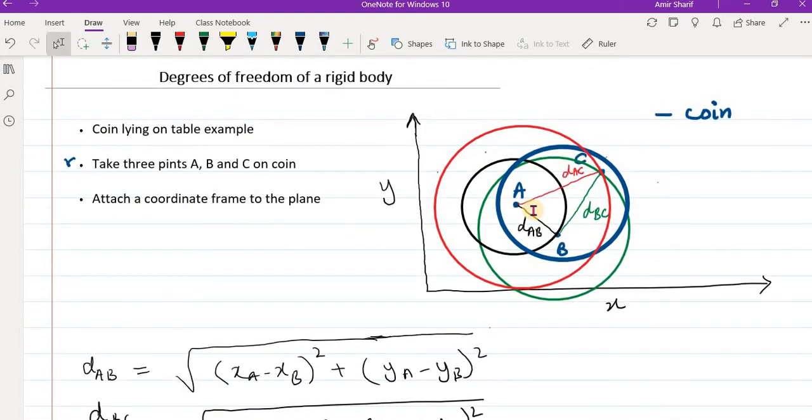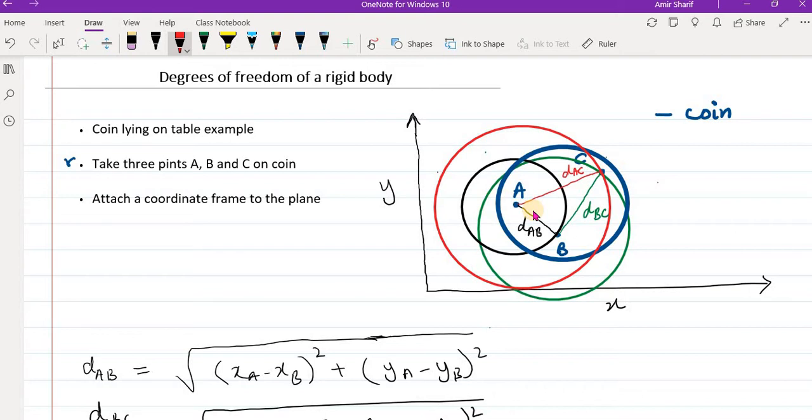Here now you see. Only point A has 2 degrees of freedom, but if we add B also along with point A, now we have a constraint here, because the point B must be at a distance DAB from point A. So this is a constraint.